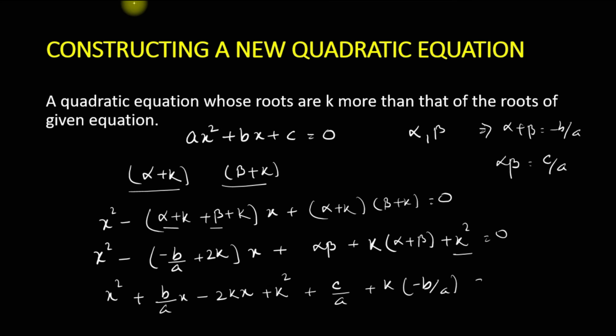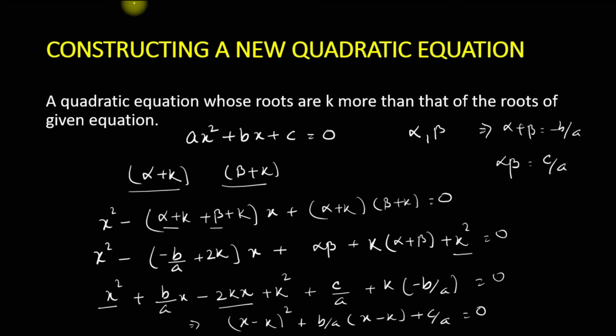Now see what happened here: x square minus 2kx plus k square can be written as x minus k whole square. Now here b over a is plus and there b over a is minus, so we can write x into plus b over a into x minus k, plus c over a. This is very important.